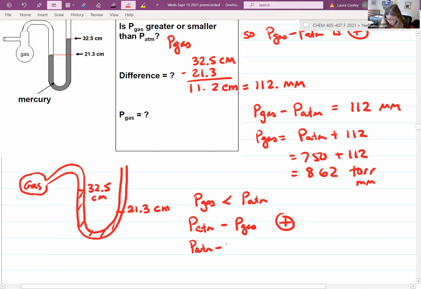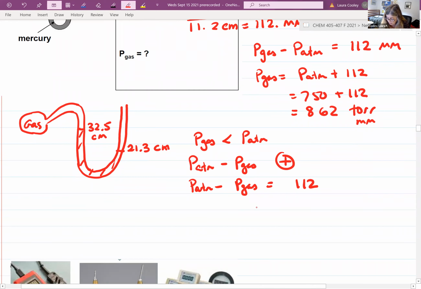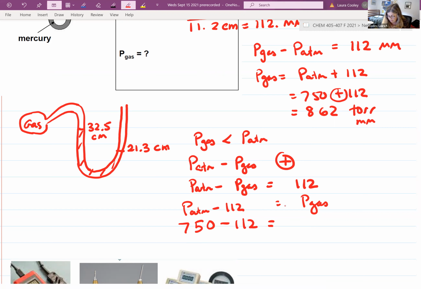P atmosphere minus P gas is 112. Move P gas to the right and move the 112 to the left. Now you're subtracting instead of adding. That comes out to whatever 750 minus 112 is. It's 638. I made the same mistake again.